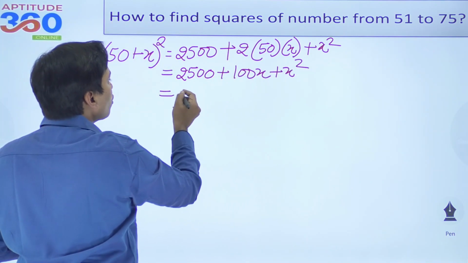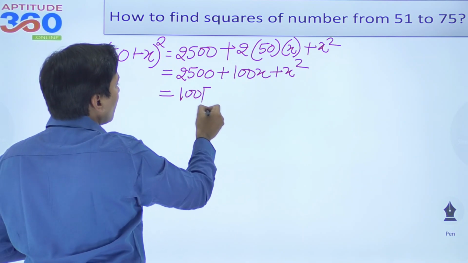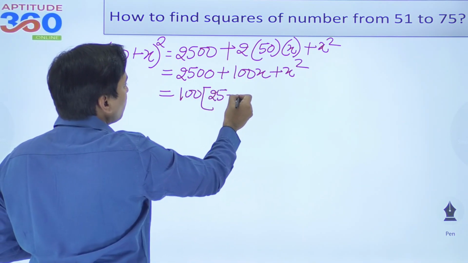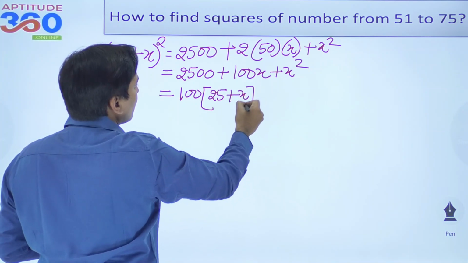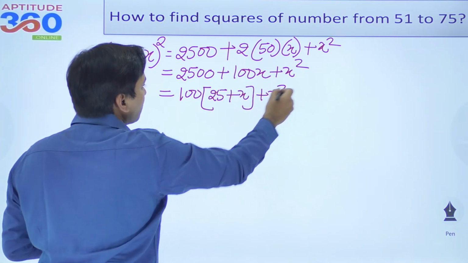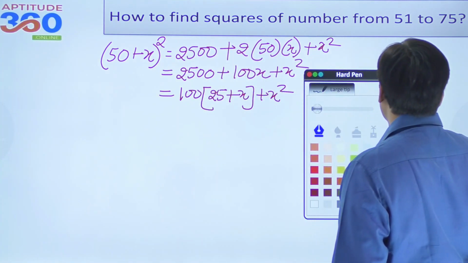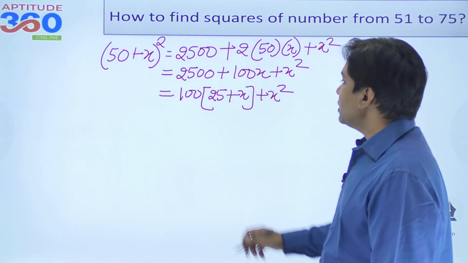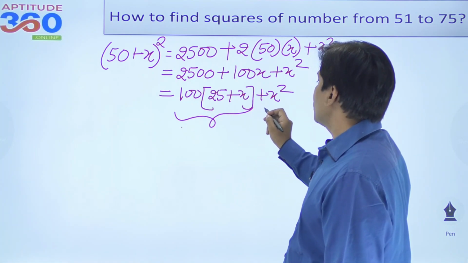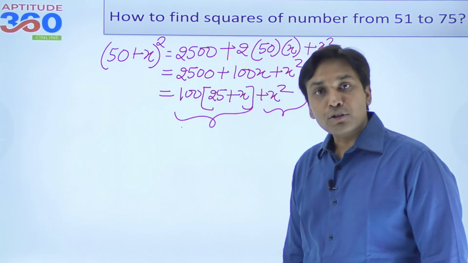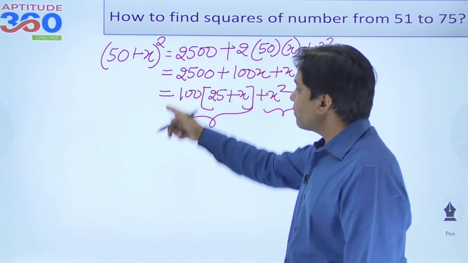So if you take 100 common out of it, this is going to be again 25 plus x. Now you know what that means. Again, any number that gets multiplied with 100 will not give you last two digits, because last two digits out here will be 00.